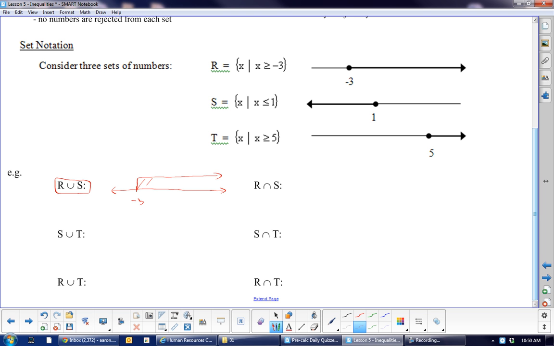So this is all, okay, and then S is 1. It's always nice to have a different color, but 1 would be there, and it would go like that, right? So what we're looking at is what numbers are included for R and S.